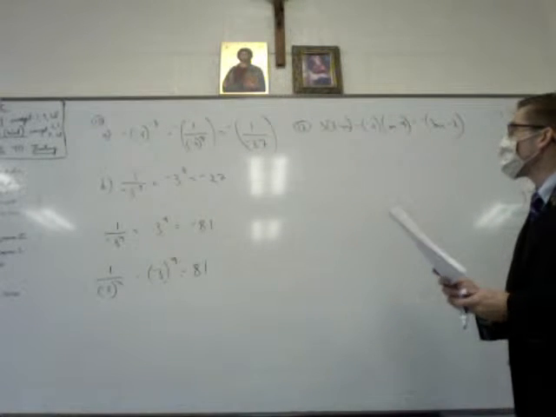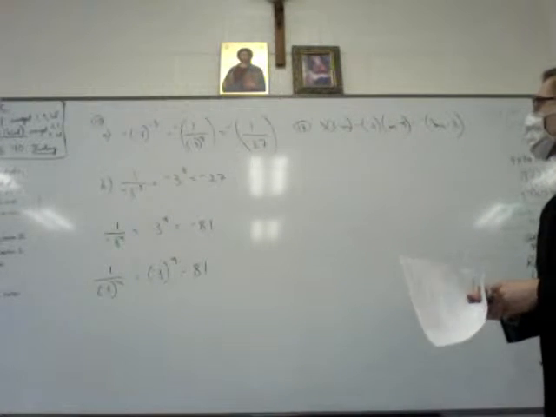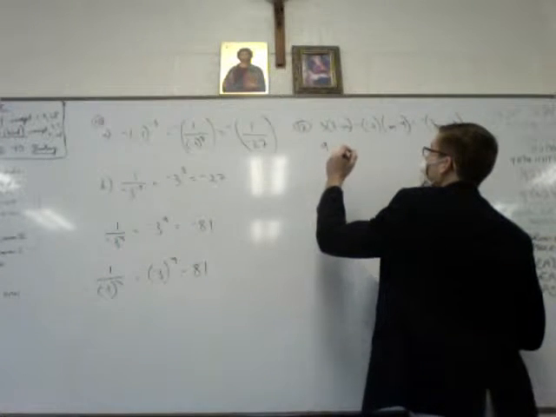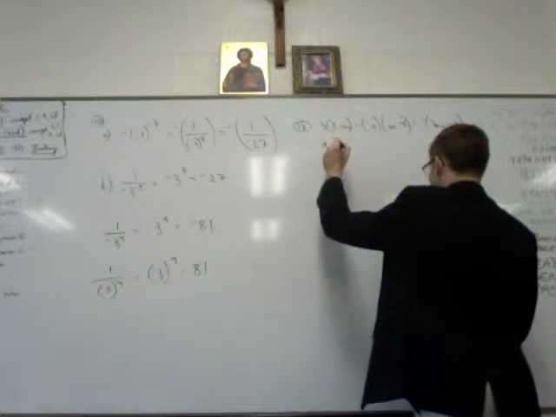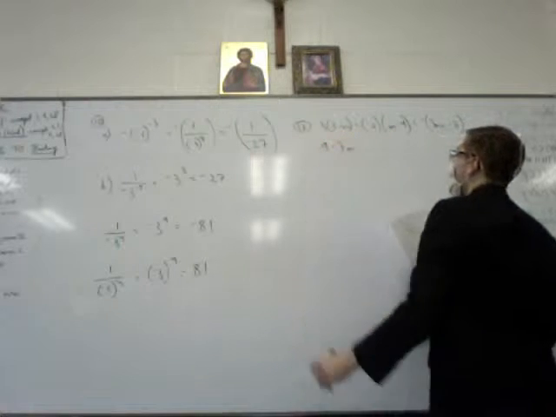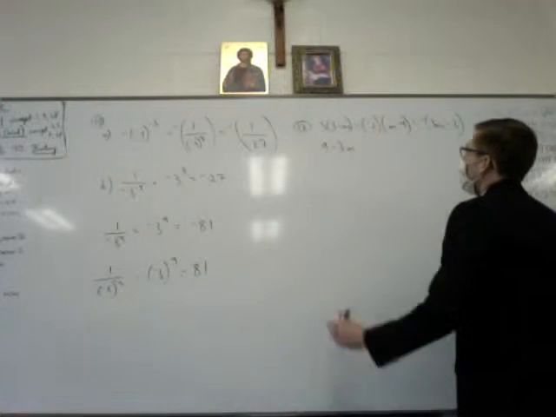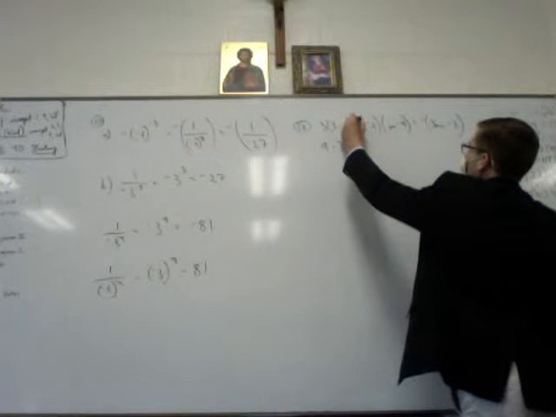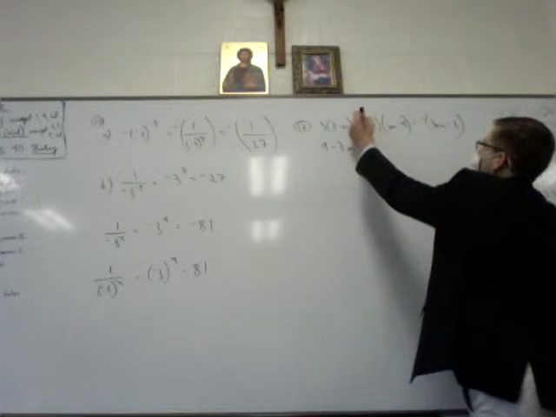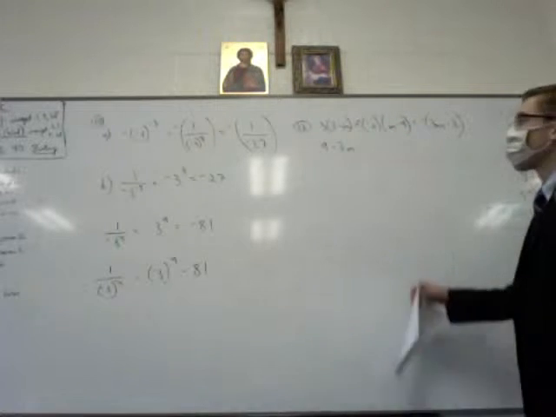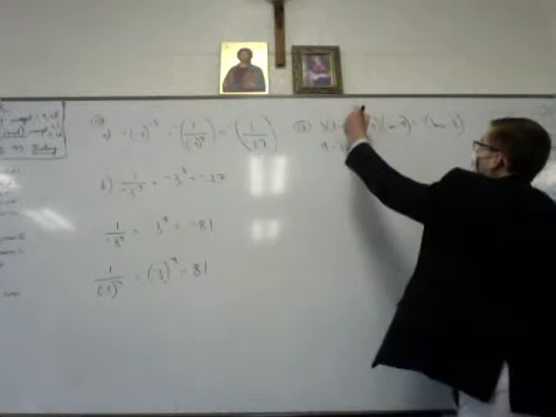Distribution. So what happens to this first term when we distribute? 9 minus 3m. What about the second term? It's going to be easier for ourselves if we remember this is negative, negative 2, so it's positive 2.